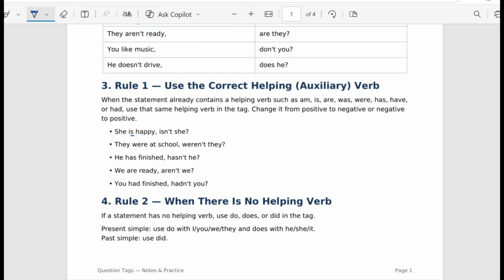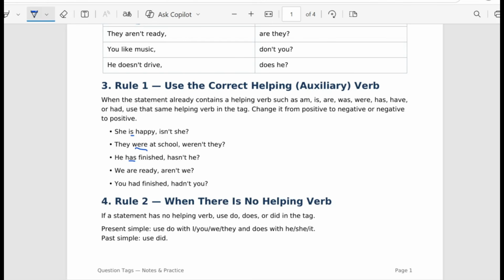The correct answer is going to be isn't she? They were at school, weren't they? What is the helping verb in that statement? They were at school, weren't they? He has finished, hasn't he?